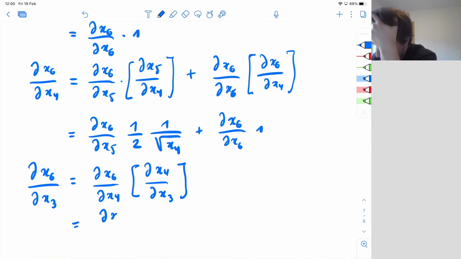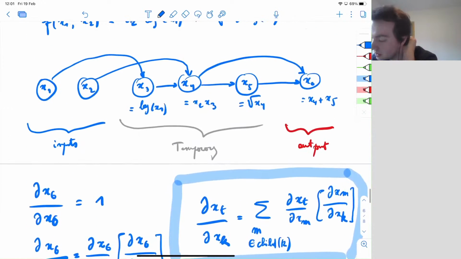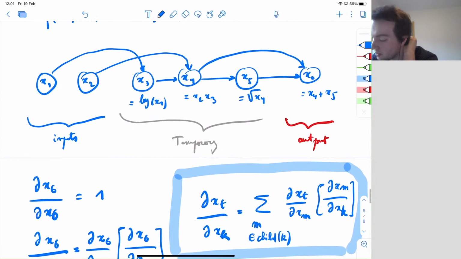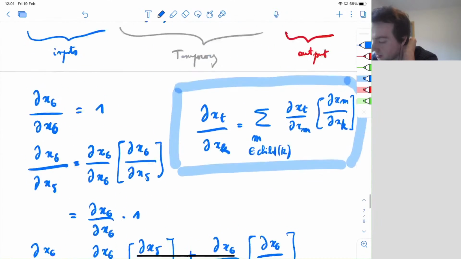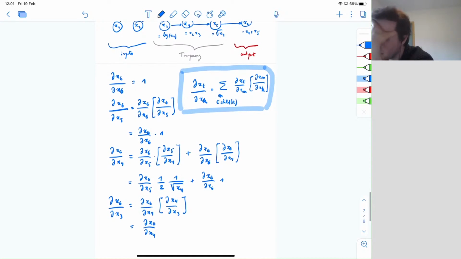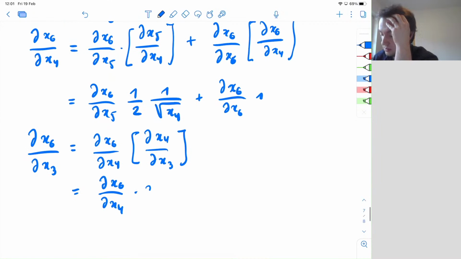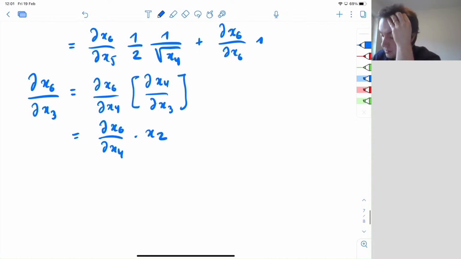The first factor we do know from before. That's just what we computed at the previous line. And x4 is the product of x2 and x3. So if you differentiate that with respect to x3, you get x2. Okay.